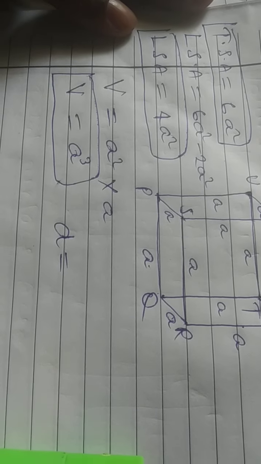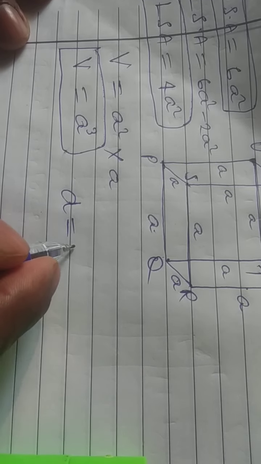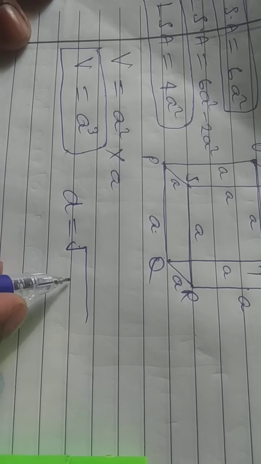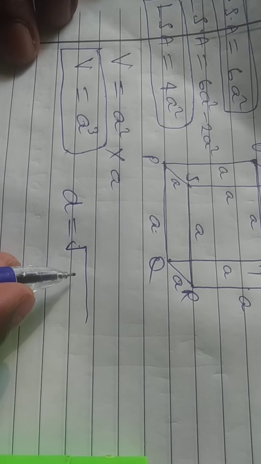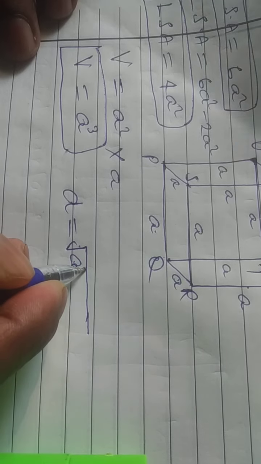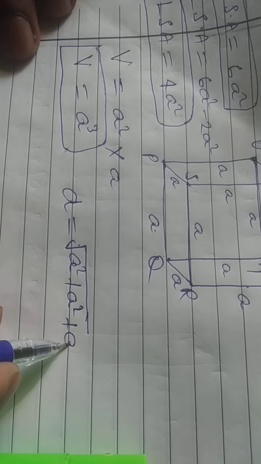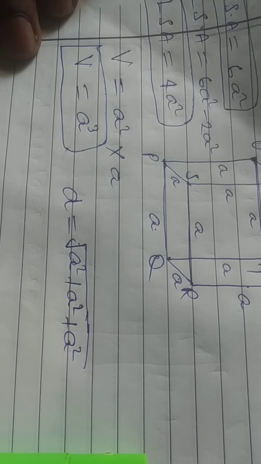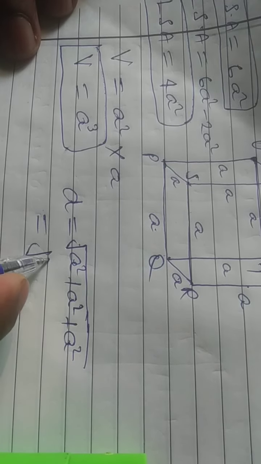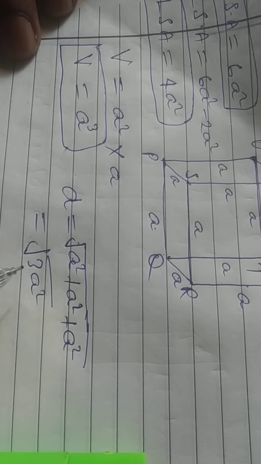We know that the diagonal of the cuboid is root over l square plus b square plus h square. If we place l, b, h equal to a, then D is equal to root over a square plus a square plus a square, which is root over 3a square.